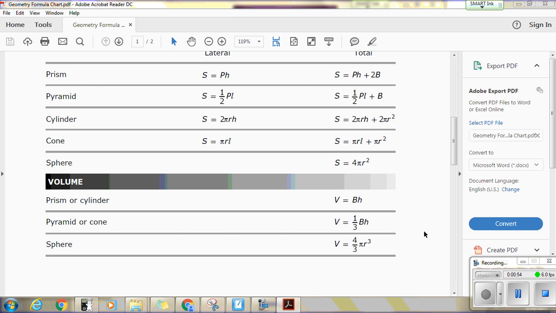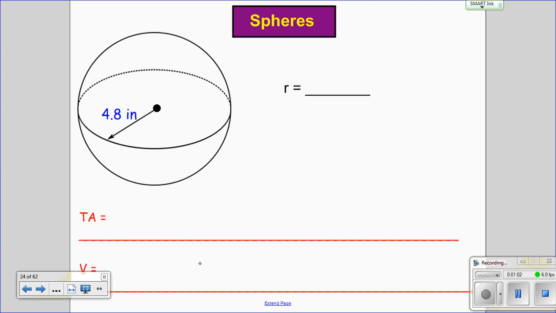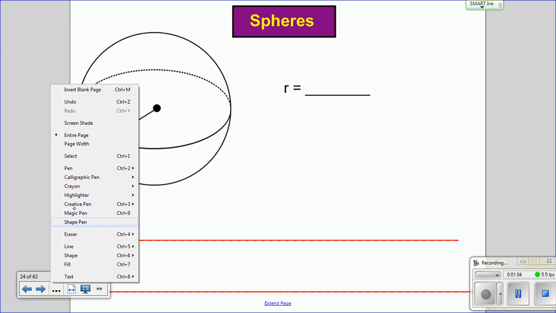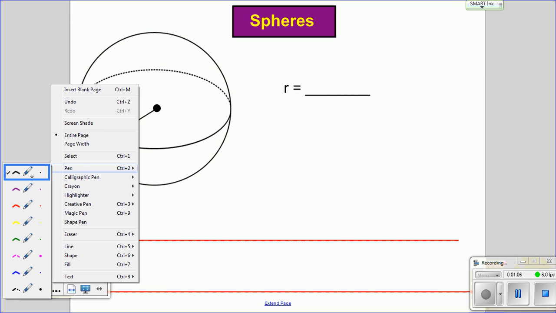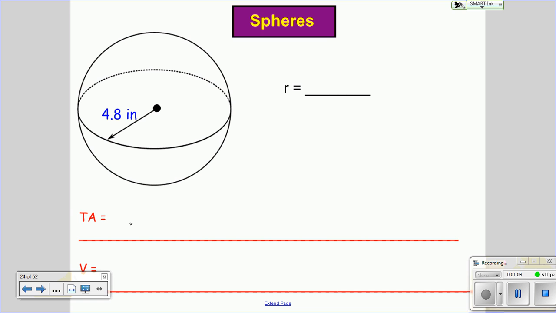And for the volume, it's 4 over 3 times pi times radius cubed. So let's go ahead and write those down real quickly before we forget. So 4 times pi times radius squared and 4 over 3 times pi times radius cubed.